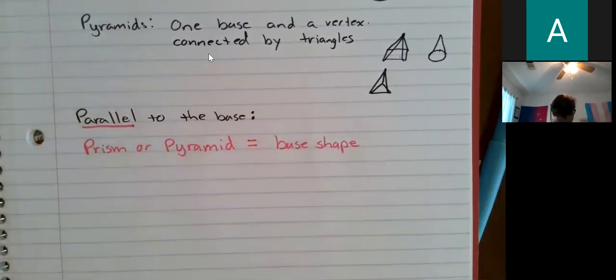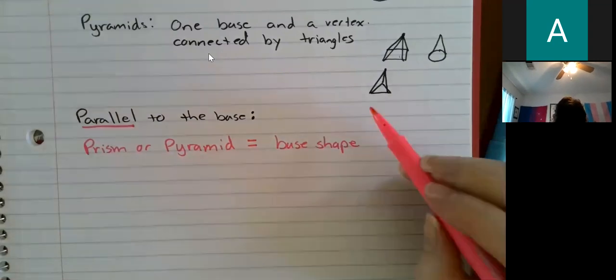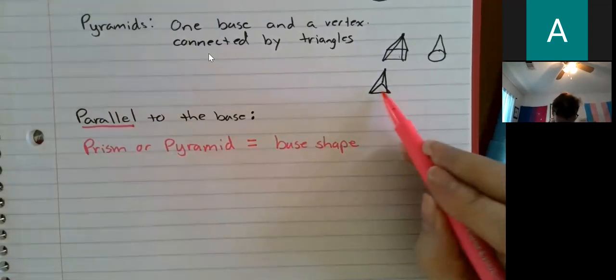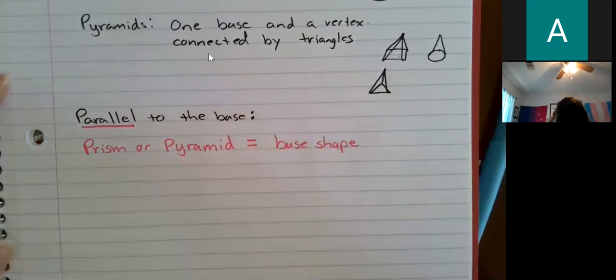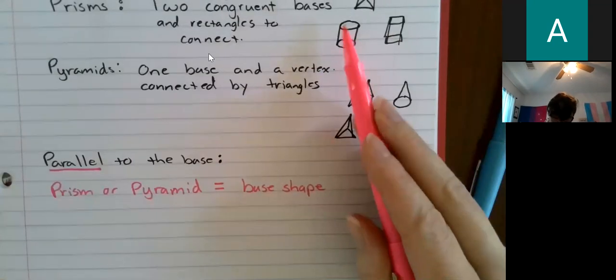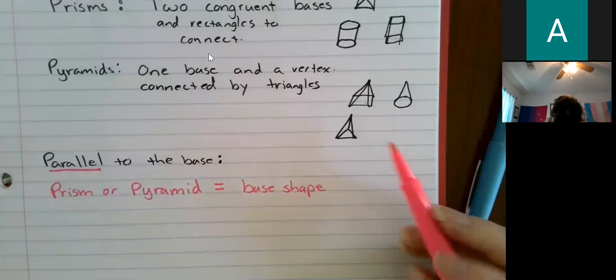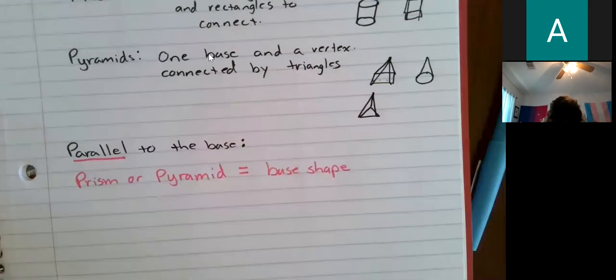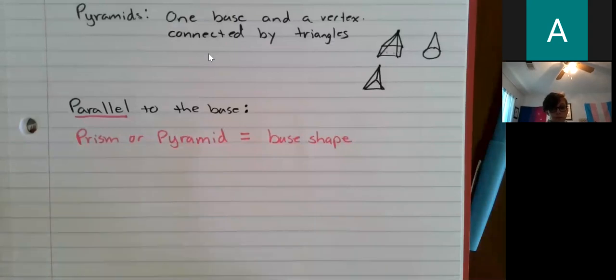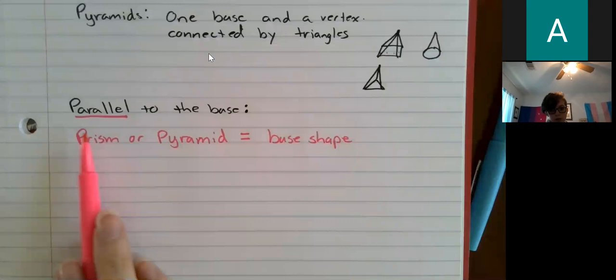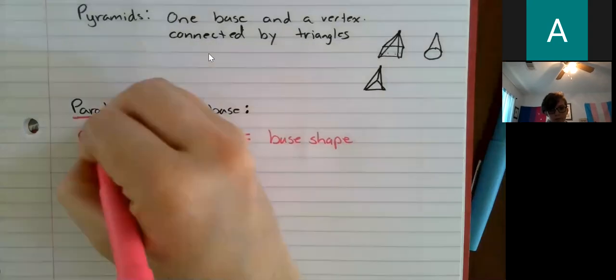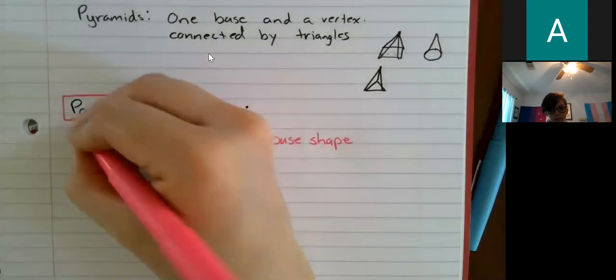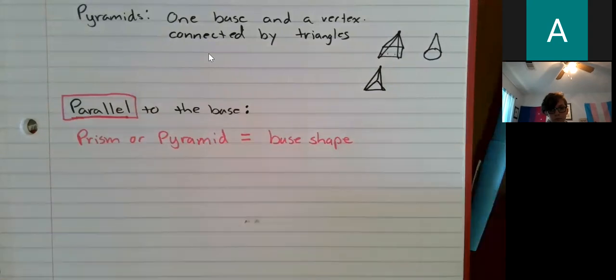So if it's a triangular pyramid, it's gonna be a triangle. If it's a cylinder, it's gonna be a circle. If it's a rectangular pyramid, it's gonna be a rectangle. So whatever your base shape is, that's what's going to be your cross section if it's parallel. You have to remember these key words. Parallel will give you your base shape.